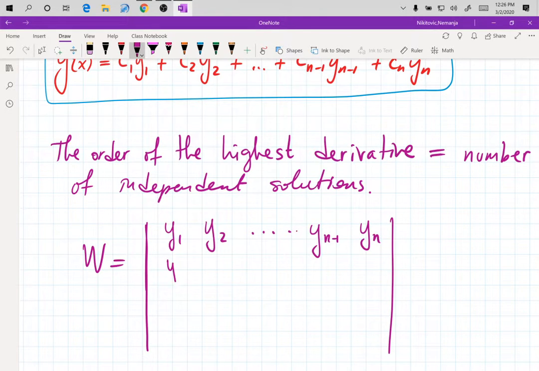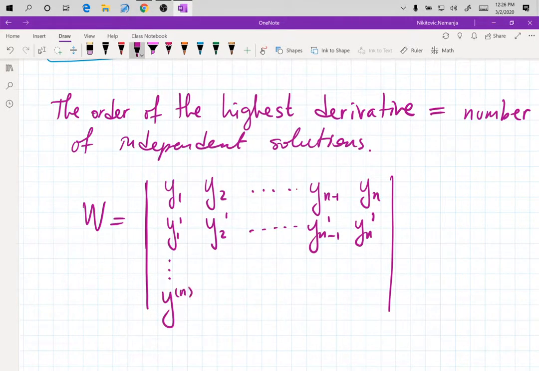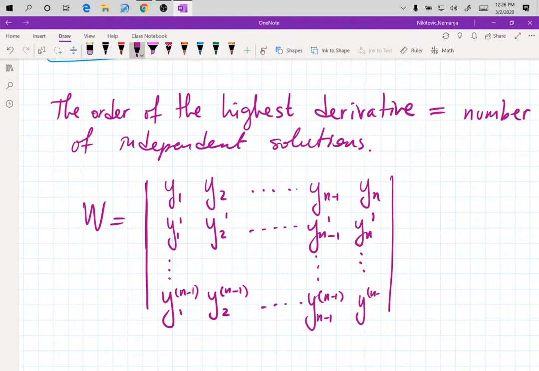Then it's going to go down into y1 prime, y2 prime, dot, dot, dot, into y n minus 1 prime, yn prime, dot, dot, dot, all the way down to the derivatives of order n minus 1, not n, because we do have the original function. So n minus 1, and all of these, and then we have y n minus 1 to the n minus first derivative, and yn to the n minus first derivative.